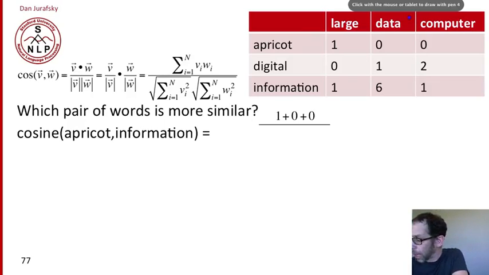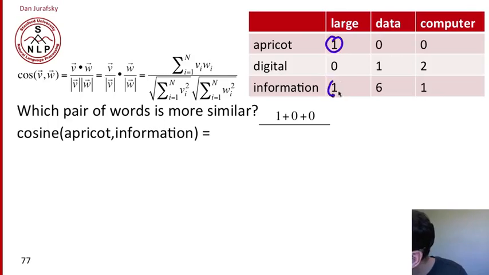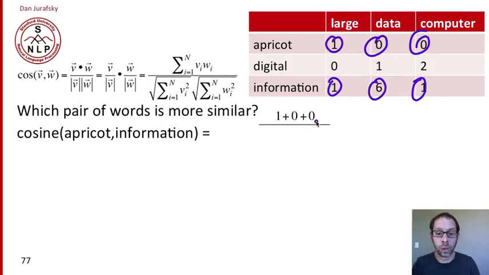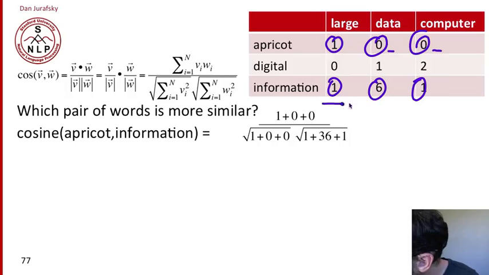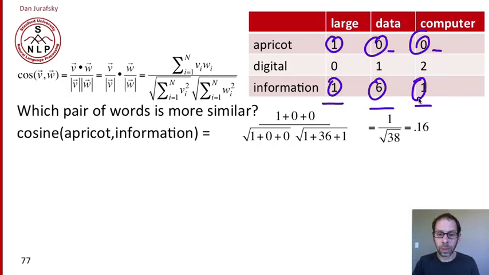From apricot to information, we have 1 times 1 plus 0 times 6 plus 0 times 1, or 1 plus 0 plus 0, over the square root of the length of apricot, 1 squared plus 0 squared plus 0 squared, times the length of information, 1 squared plus 6 squared plus 1 squared. And that's going to be 1 over the square root of 38, or 0.16.